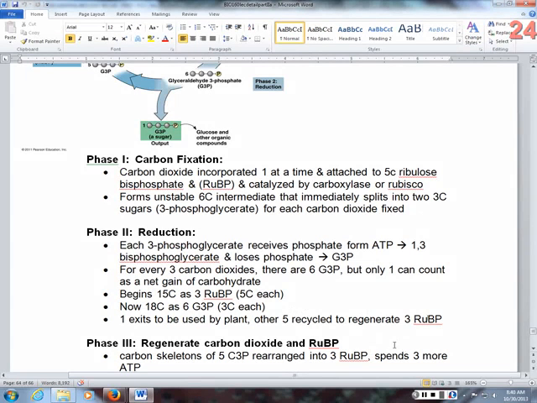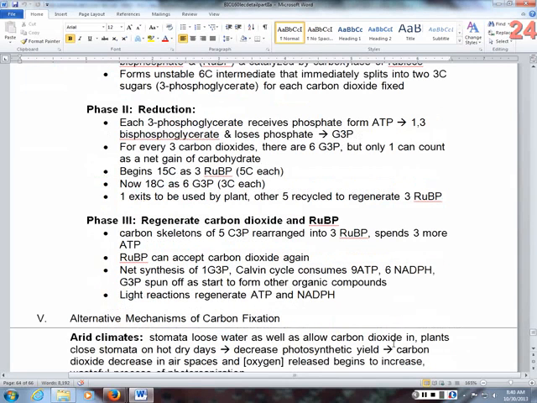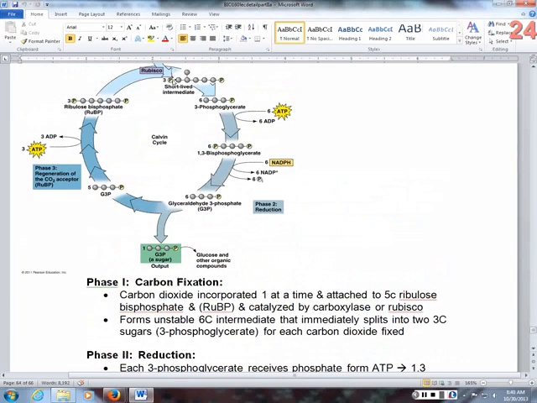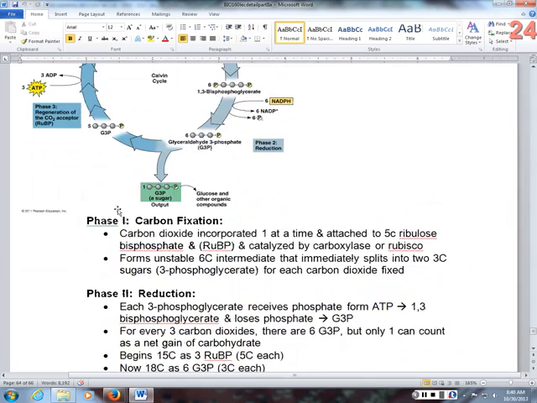So the third phase is the regeneration phase, where you're going to spend some more ATP to rearrange things, and it can accept a new carbon dioxide again. So when you look at the picture, you just want to think: carbon fixation, reduction, regeneration.